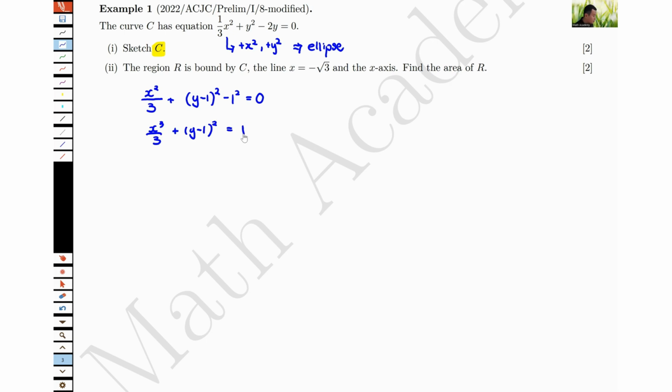We get 1. And to make it completely into the form of a general structure, can I present it this way? Over root 3 squared. So I wrote the powers wrongly, it should be a square. The other term, I represent it as over 1 squared, equals 1.